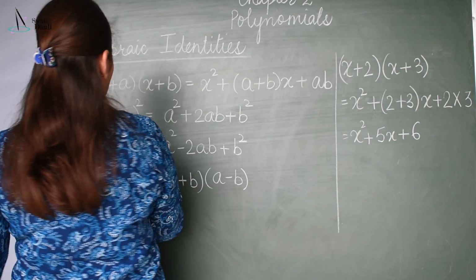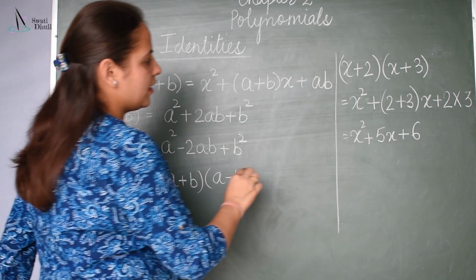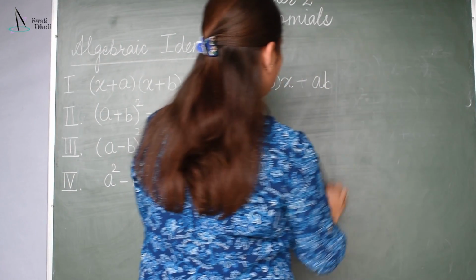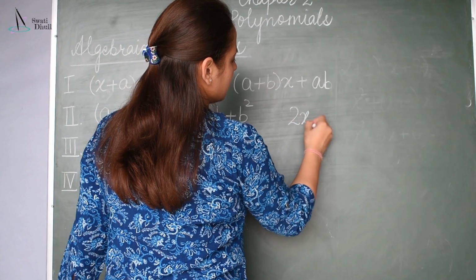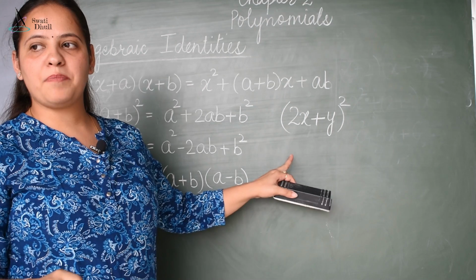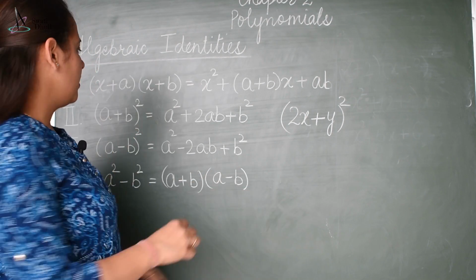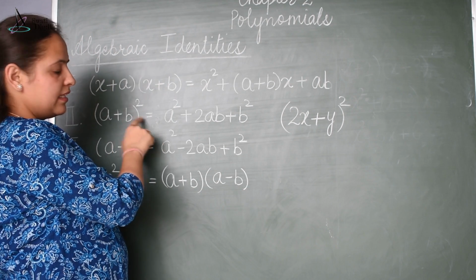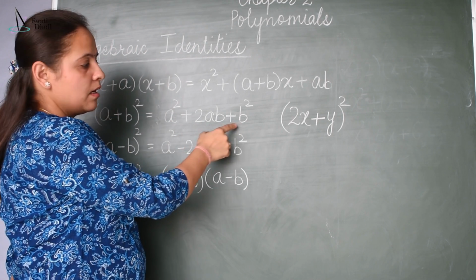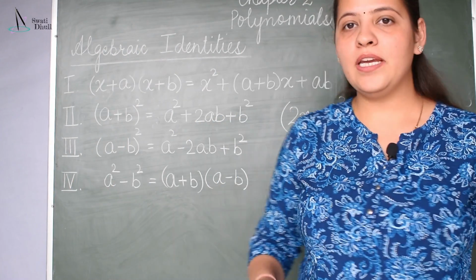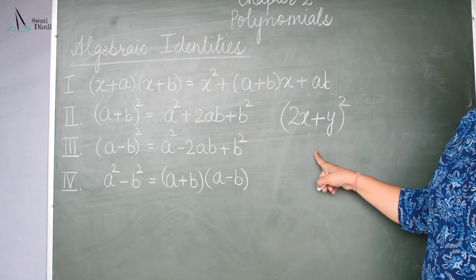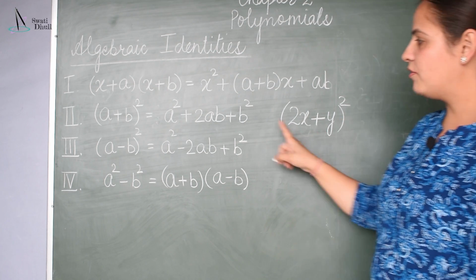Next is your (a + b)². Suppose you are given (2x + y)² and you need to expand it. You can expand it by the identity (a + b)² = a² + 2ab + b². Now in place of a you have 2x and in place of b you have y, so we can substitute.